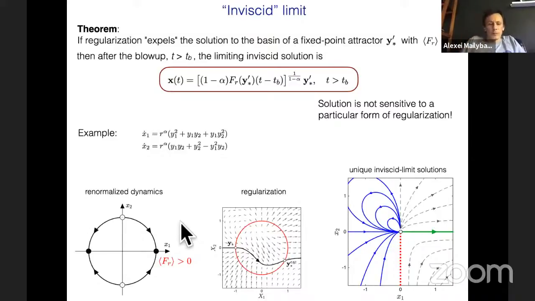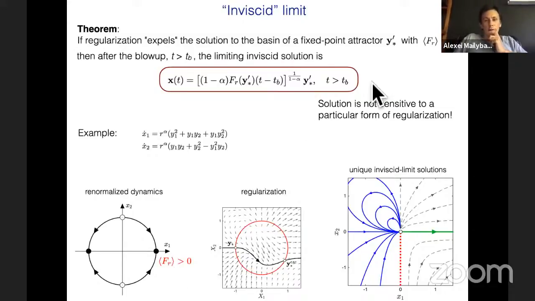So after the blow up, the solutions are described by this fixed point, which is described by the average of some condition. So we have this condition that the modulus of the average of FR was negative for the pre-blow up, so post-blow up it must be positive. It's just some algebraic condition.